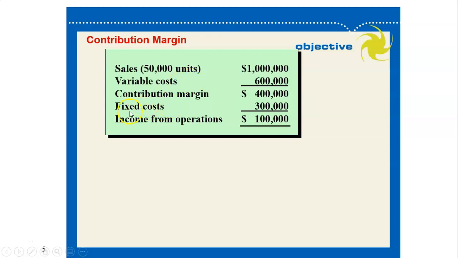And the fixed costs include all fixed costs from the office and from the factory. So if we take our sales minus all of our variable costs, that gives us something known as contribution margin. Then from that, we subtract fixed costs, and that gets us income from operations, also known as operating income.